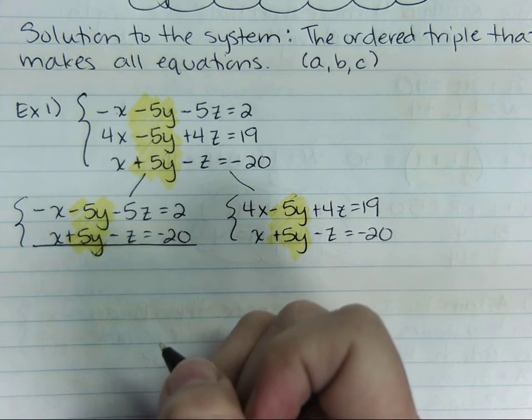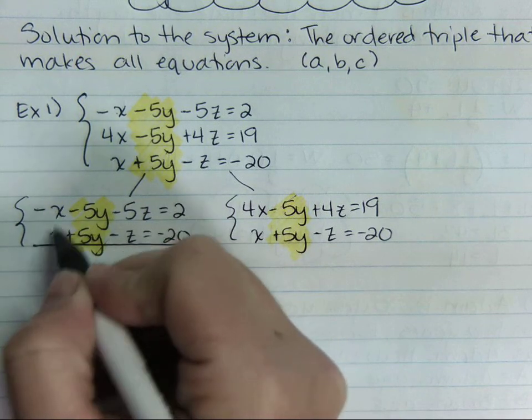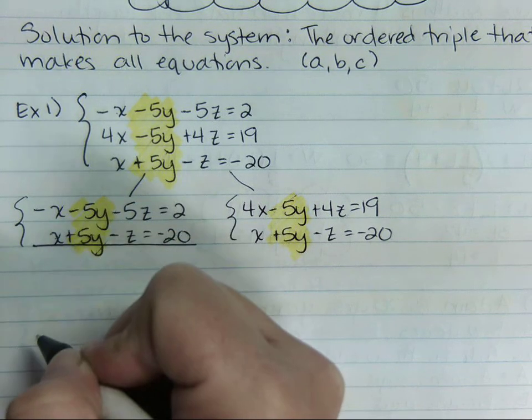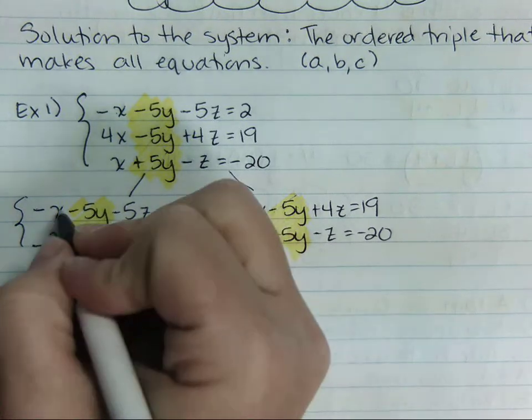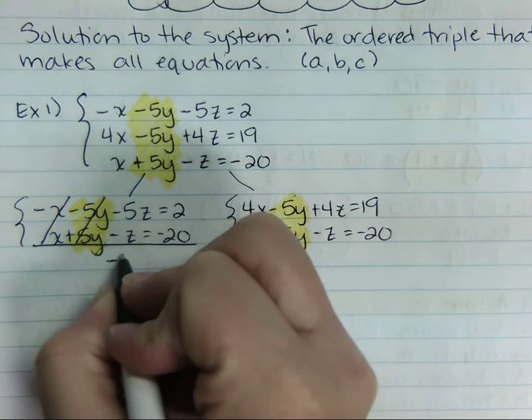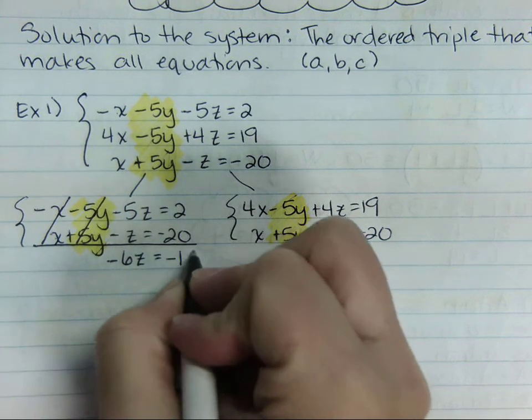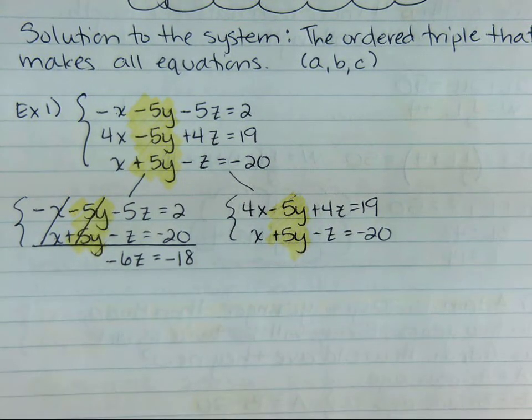And what's going to happen is if I look at my x's, these are also exact opposites. That's okay. If these cancel and these cancel, I end up with a negative 6z equals negative 18. And that doesn't happen very often.